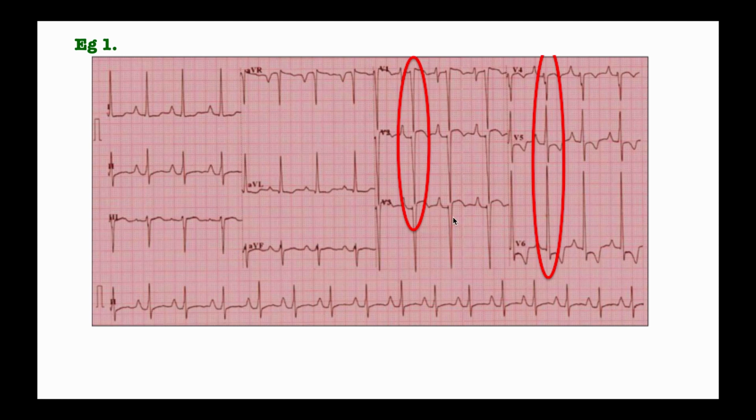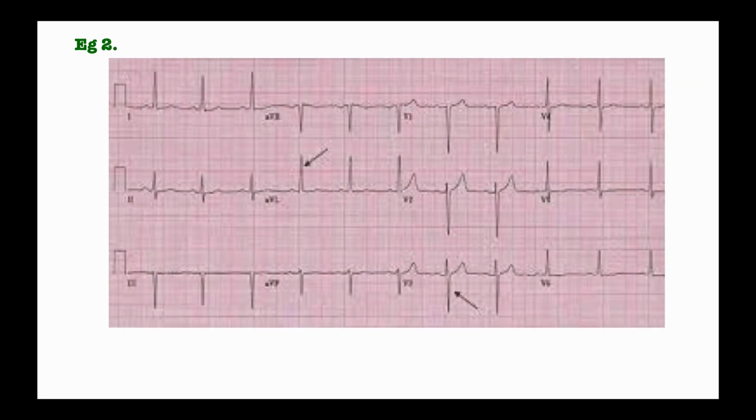How much are we getting? 5, 10, 15, 20, 25, 30. So when we add the R wave in aVL plus the S wave in V3, we get 47 millimeters, which is more than 28 millimeters. And so we say there is left ventricular hypertrophy.